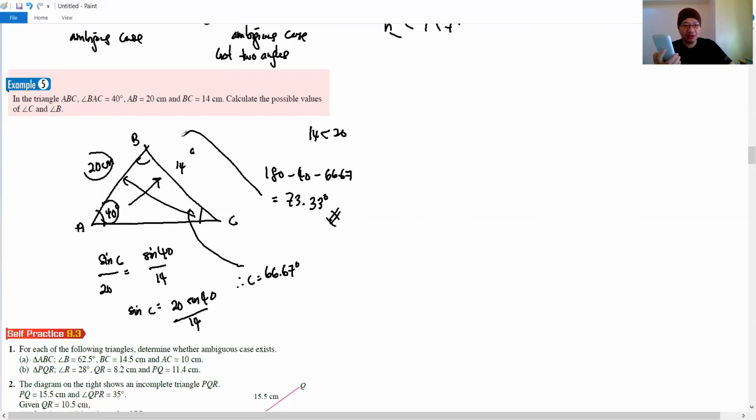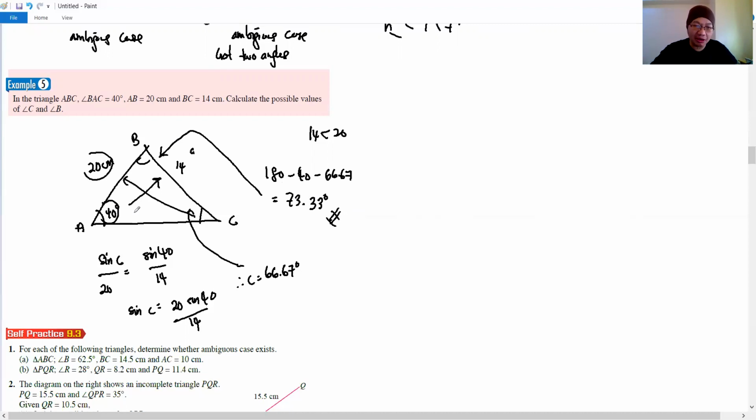This is the answer for angle B. Example 5, calculate the possible values for angle C and angle B. Done, right? But don't forget, our question here has the ambiguous case.